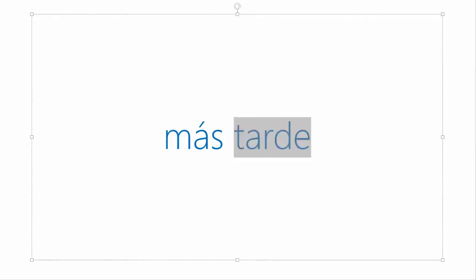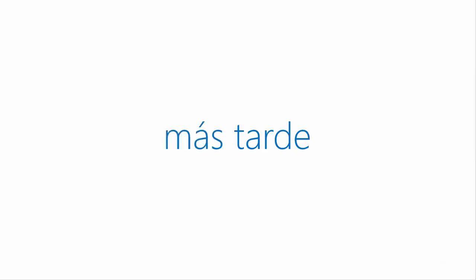The word for later is más tarde. This word tarde means late, and más means more. So the way we say later in Spanish is more late. Más tarde. How would you say I can go out later?